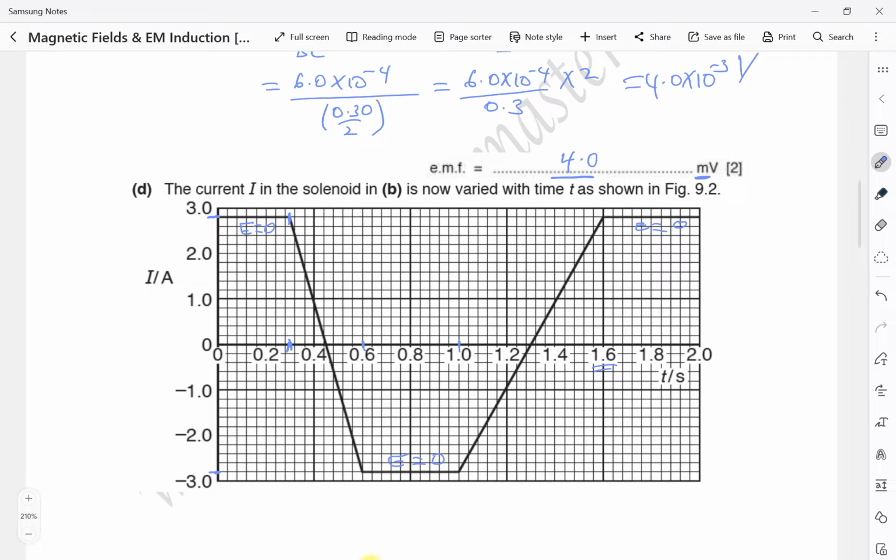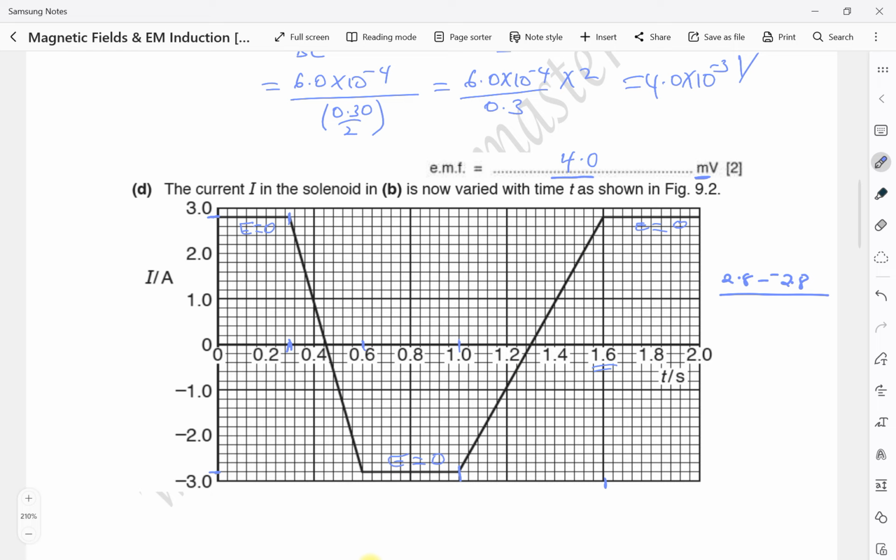Then let's check the gradient on the other side. So here it is between 1.0 and 1.6. You notice that the change in current is the same, in the vertical it is 2.8 minus negative 2.8.